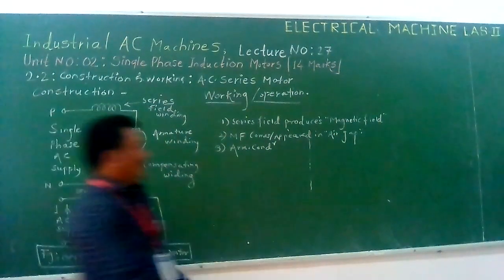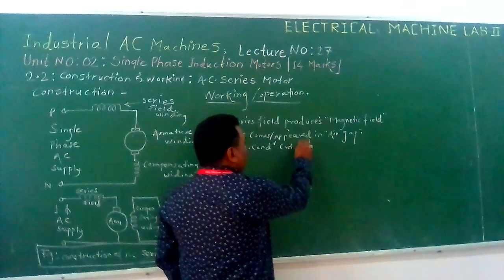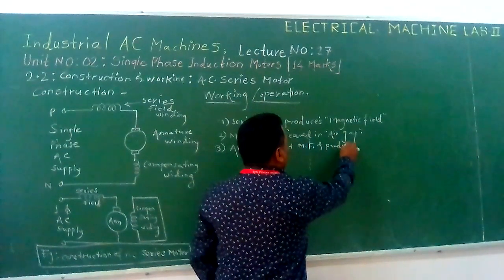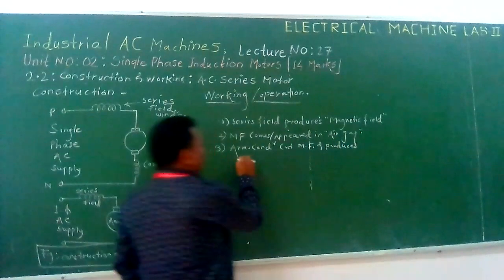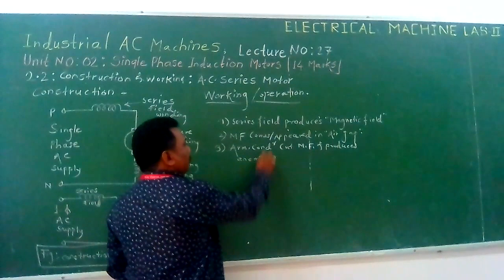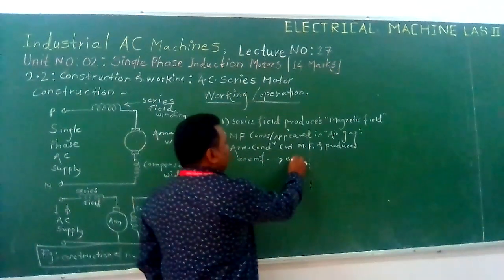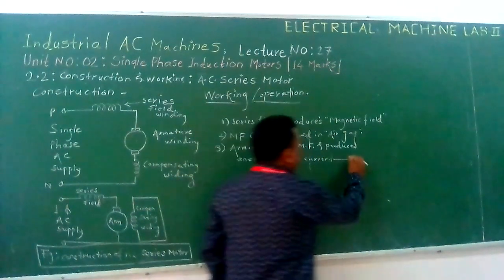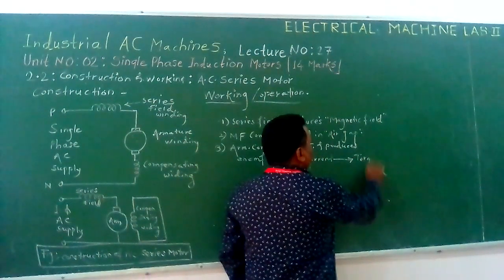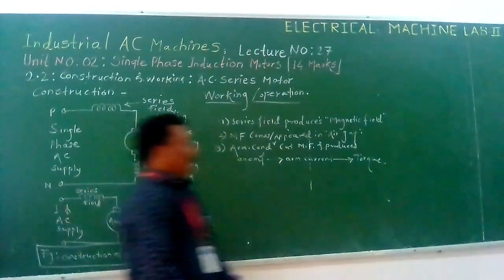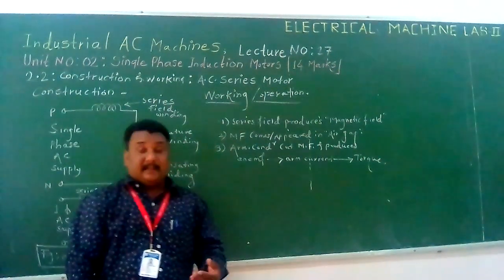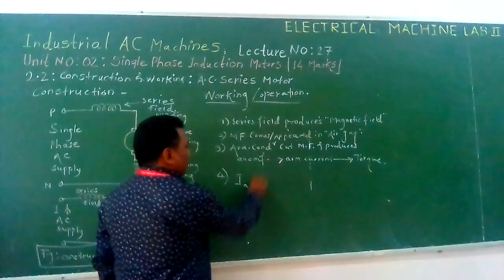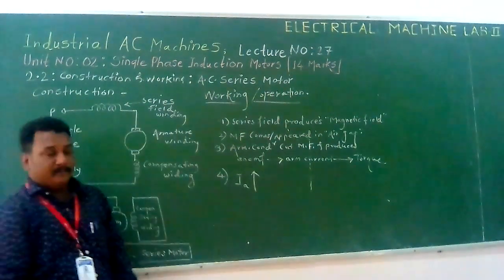So the armature conductor cuts the magnetic field and produces an EMF, then armature current, then torque. And we know that the armature current is of high magnitude.